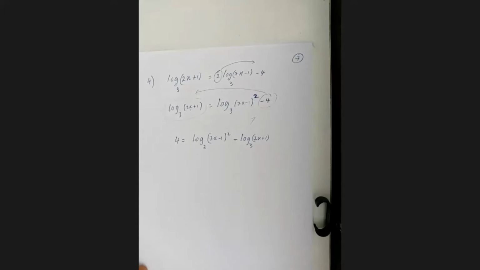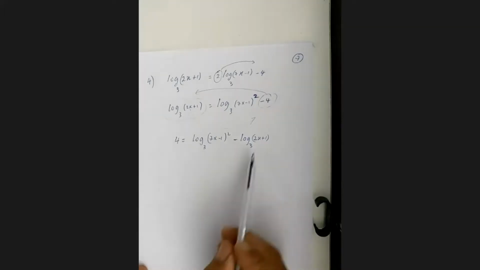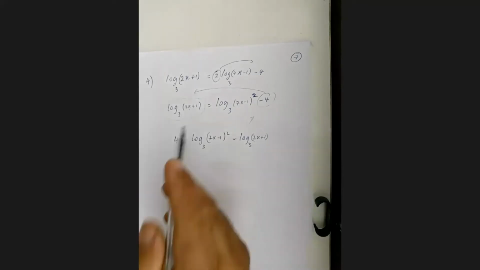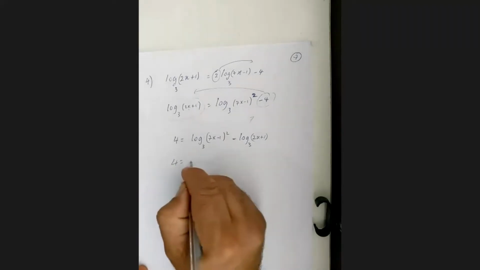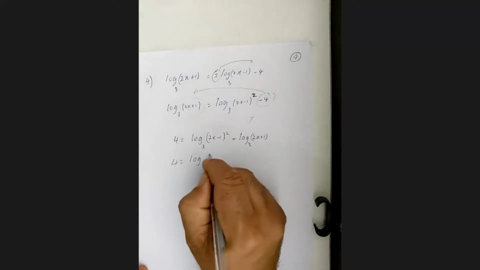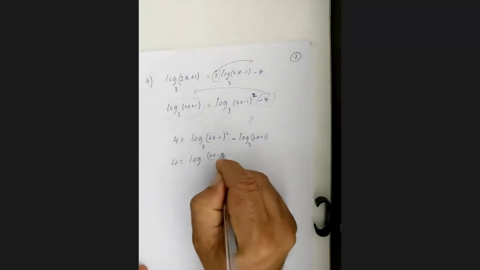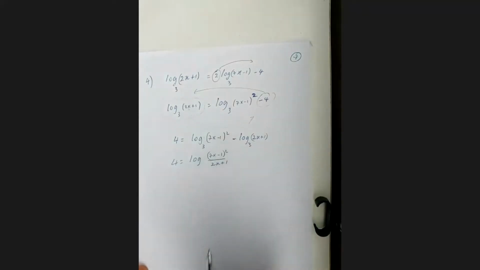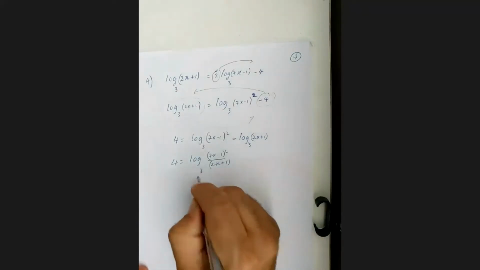So what are we going to do? We are going to divide them and have a single logarithmic expression. So 4 is equal to logarithm of (7x minus 1) squared over (2x plus 1) and the base is 3.